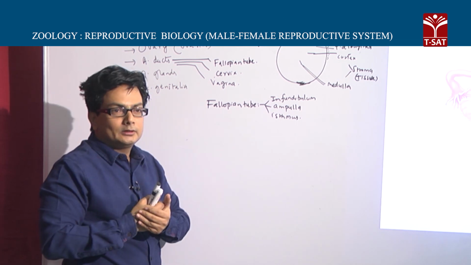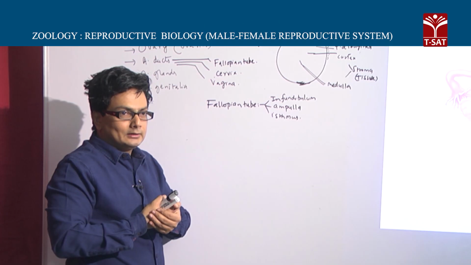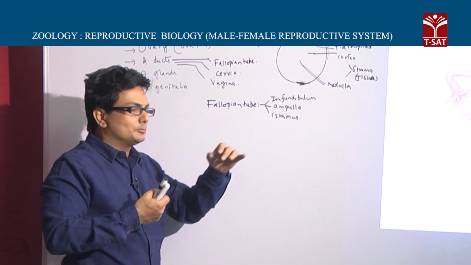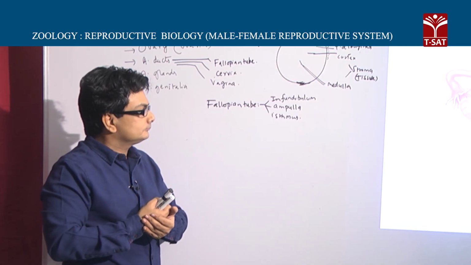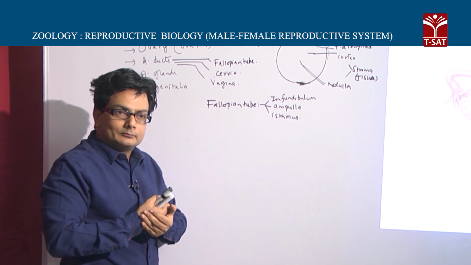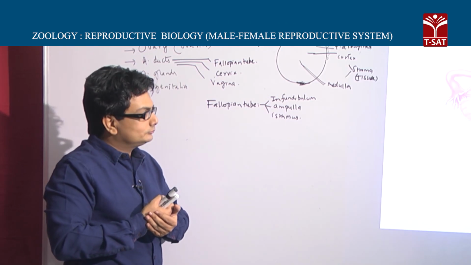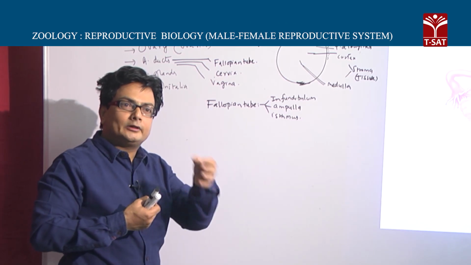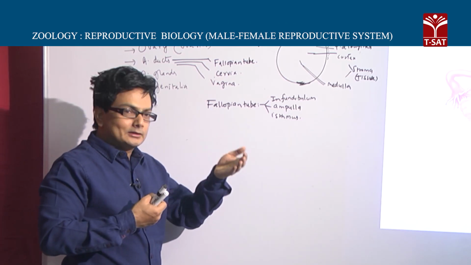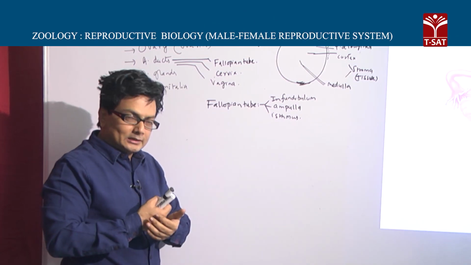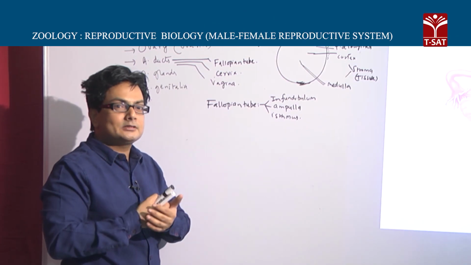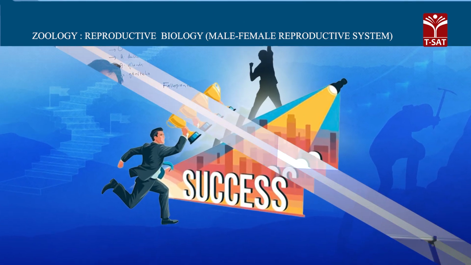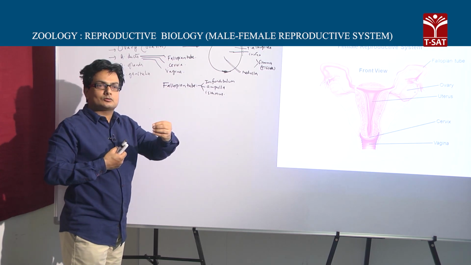The fallopian tube is lined by ciliated columnar cells, interspersed here and there by the peg cells. The ciliated columnar epithelium receives the secondary oocyte, allows it to move forward and reach the site of fertilization, and if fertilization happens, the early stages of development will be within the fallopian tube, and that journey continues.